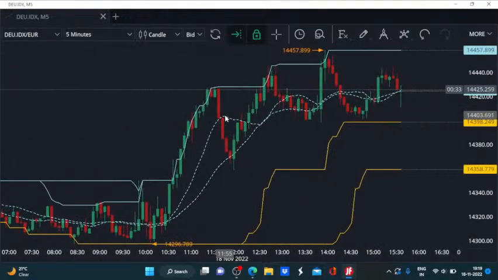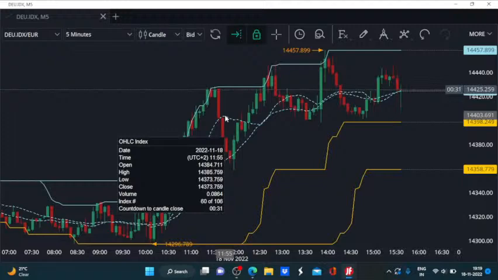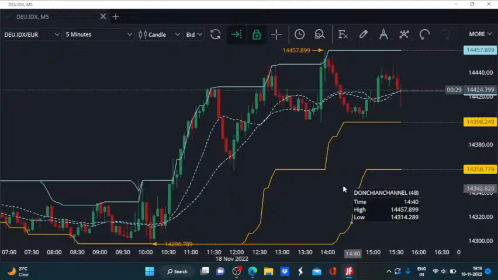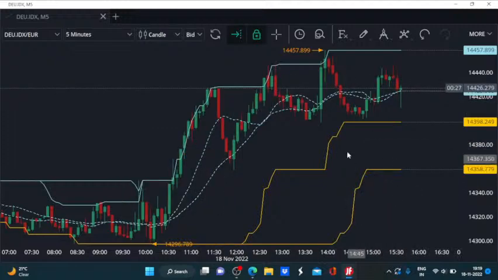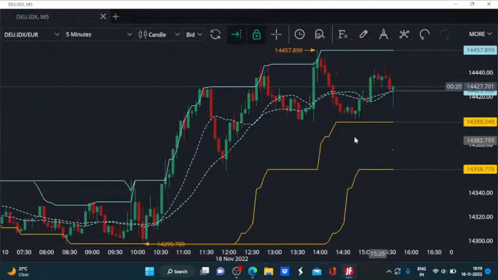So the momentum for DAX is also bullish. All you have to do is keep looking for opportune time, and as long as this immediate swing low remains intact, we can be fairly confident of continuation of the bullish momentum.